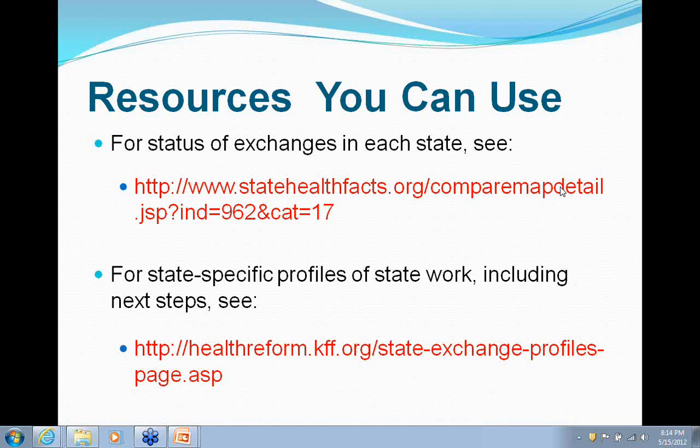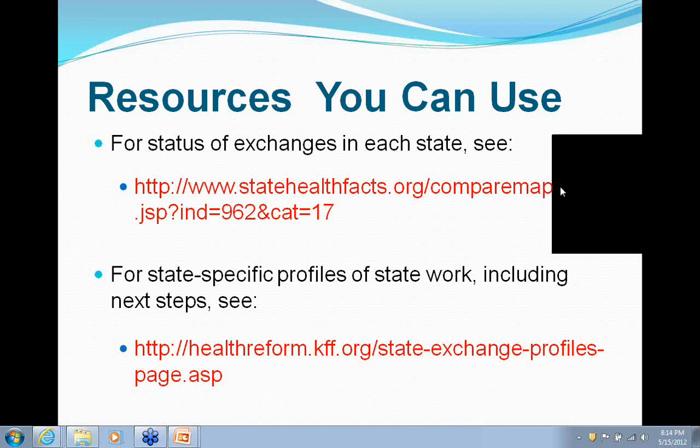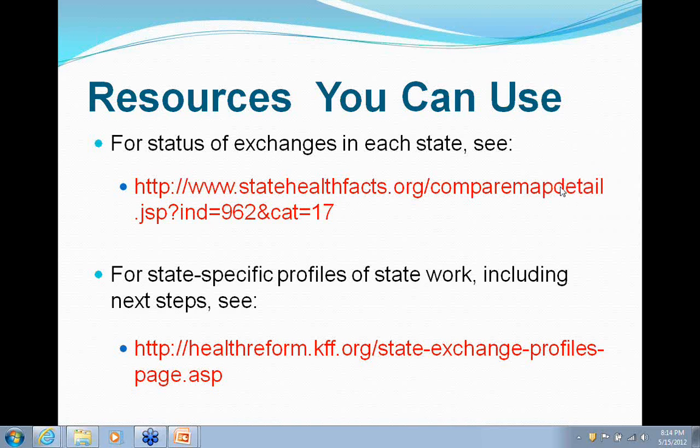For someone's immunologist, a patient with primary immune deficiency, if their immunologist happens to be out of network in the plan they choose on an exchange, I would assume there would be a higher copay to go see that immunologist.